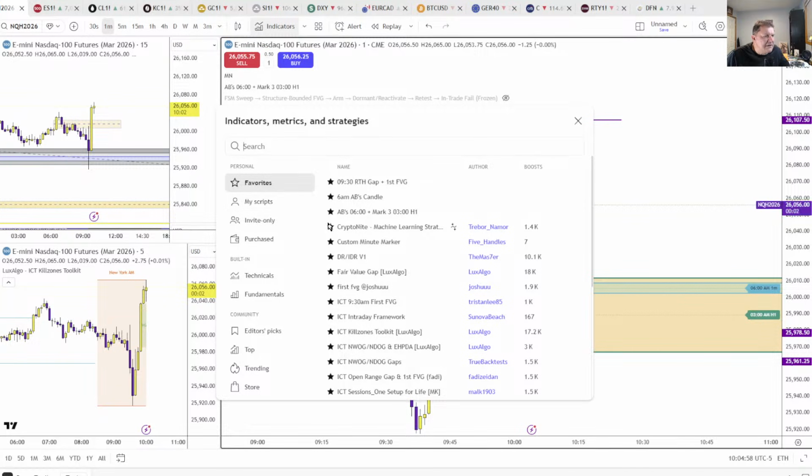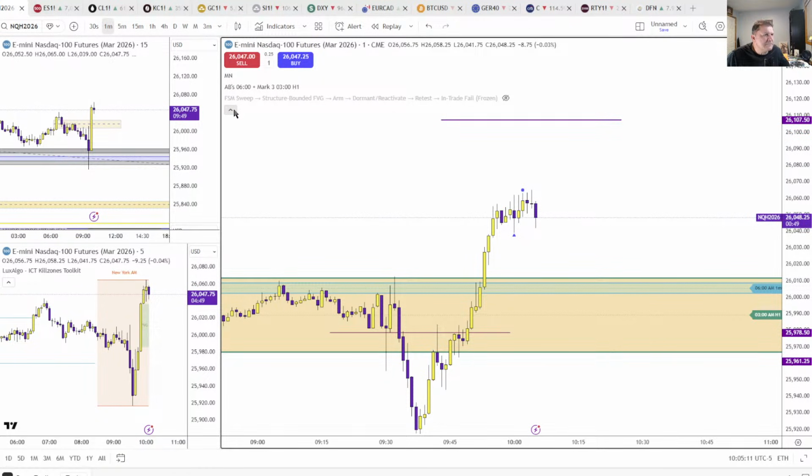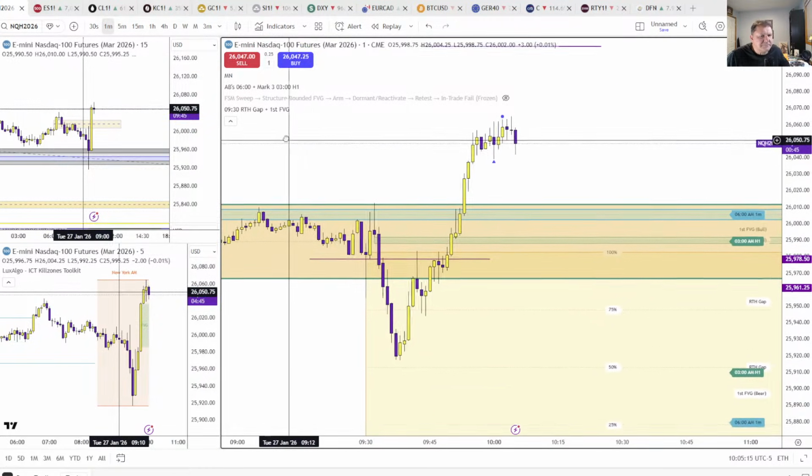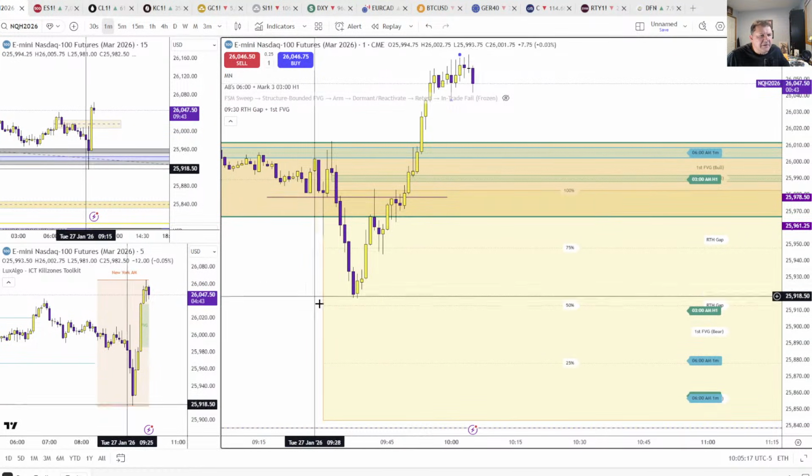Oh, I don't have my indicators on here. First fair value gap, regular trading hour gap. Let's put that one on there. There we go.